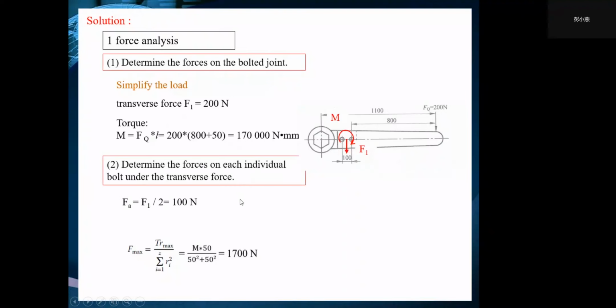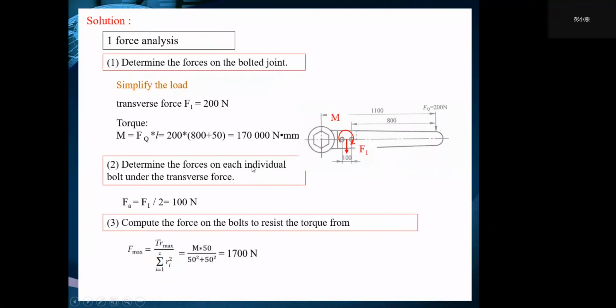and then determine the forces on each individual bolt. Under transverse force, it is the total transverse force divided by the number of bolts, and then compute the maximum force on the bolt to resist the torque.